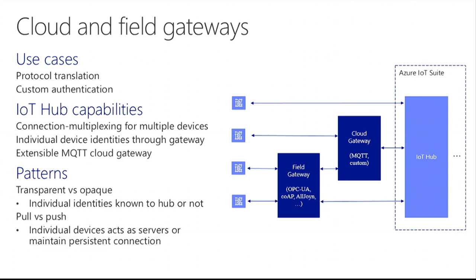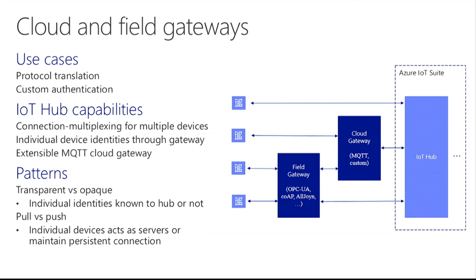Another big distinction is between pull gateways and push gateways. A push gateway is a gateway that has to translate between the protocol pattern that IoT Hub exposes, where the device always connects to the hub, even to receive messages, and instead the pattern of single devices that are acting as little servers.